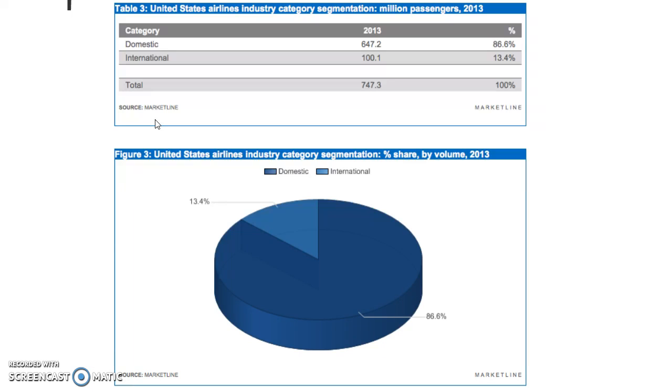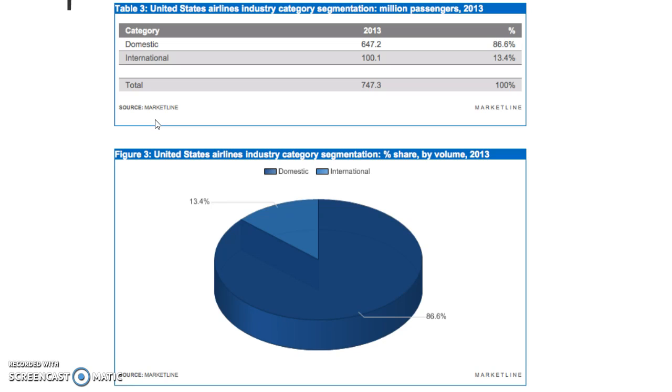And as you can see, the domestic segment is the vast majority, in 2013, of United States airlines industry business. So almost 87% of the flights were domestic flights, and then the sales, I should say, within the industry. I'm sorry, I'm getting all tongue-tied here.